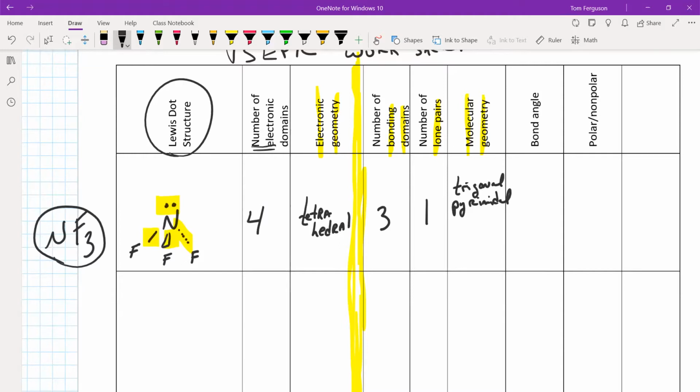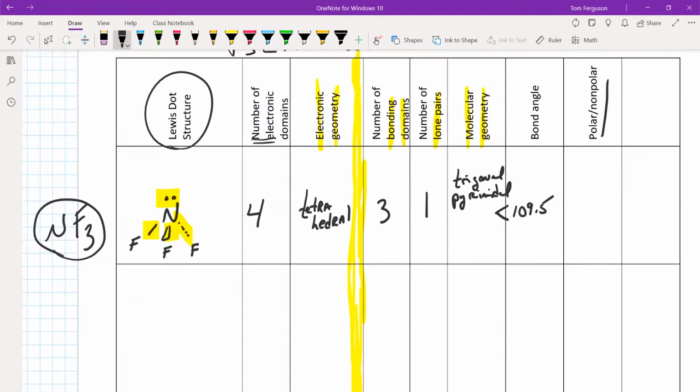Now be careful with trigonal, because trigonal can be planar or pyramidal. The bond angle is less than 109.5. We're going to talk about polar later, so don't worry about that right now.